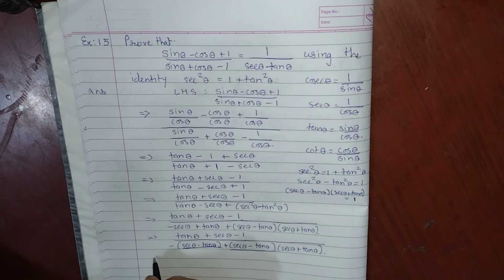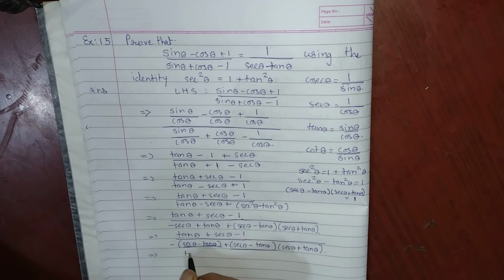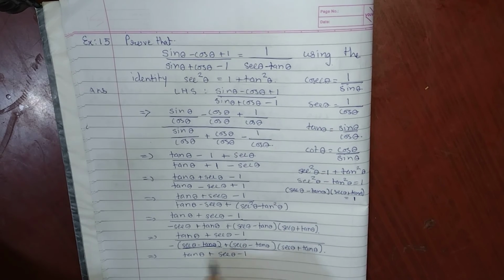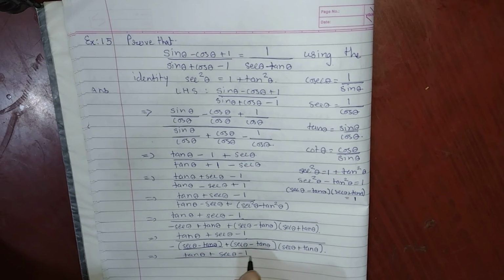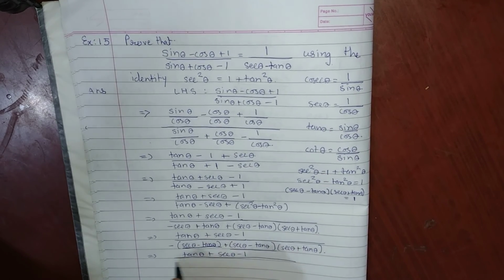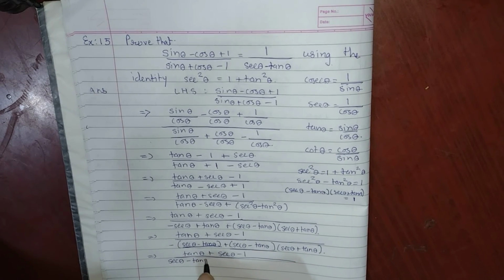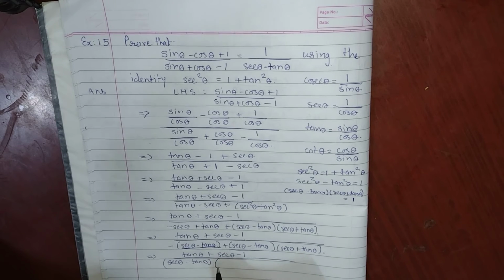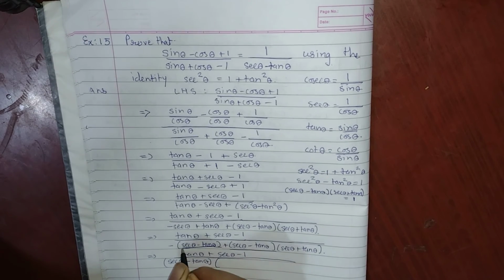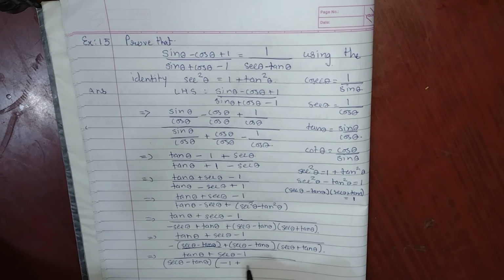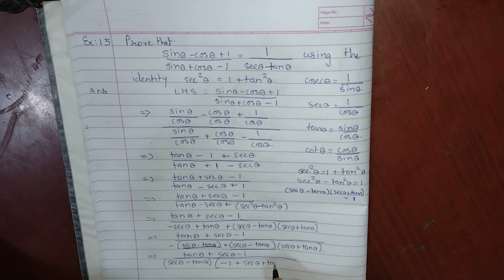So what we get is, first as usual, the numerator, and in the denominator we take out the common sec theta minus tan theta. Then in the bracket, if we take it out from here and here, what remains is minus 1 plus sec theta plus tan theta.